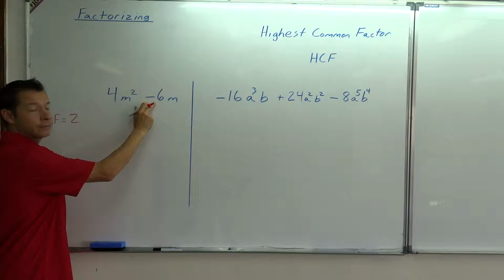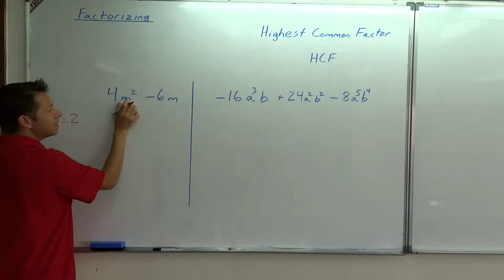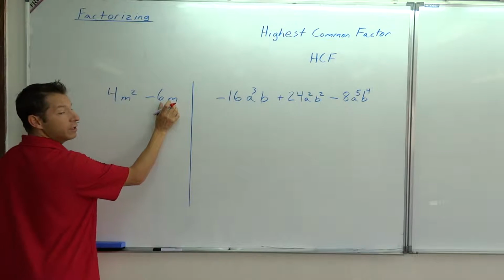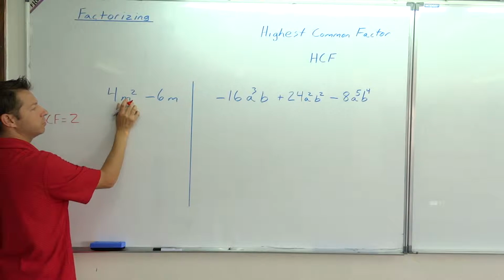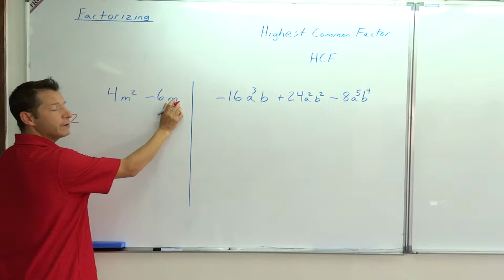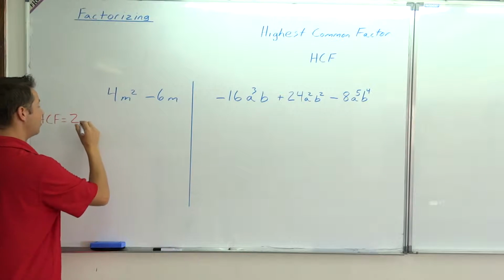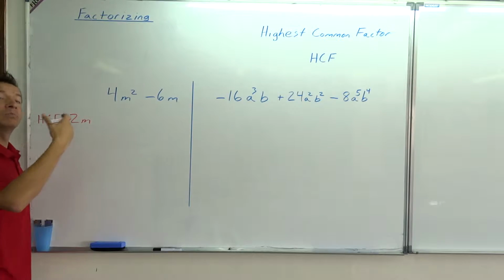But I also must look at my variable, and ask: is there a variable that goes into both of these terms, and what's the highest exponent of that variable that goes into these terms? Here I've got an m squared and an m, so at least an m should go into both. Then I ask myself, does an m squared go into both?